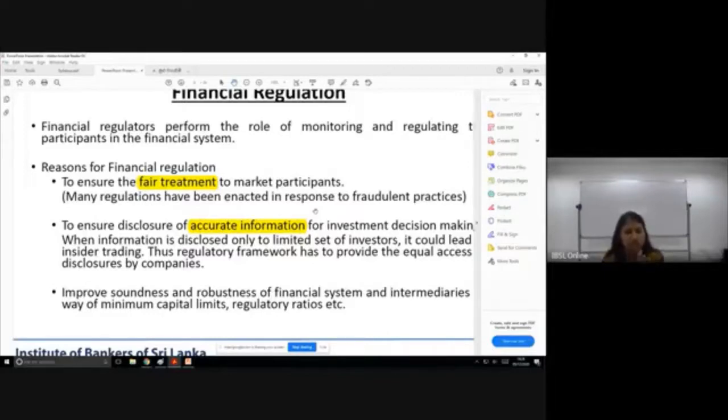Here also we look into insider trading. Why? Sometimes the accurate information can be given only to certain parties and the other party is not aware of it at all. So to avoid these two scenarios, again, financial regulation has to step in.